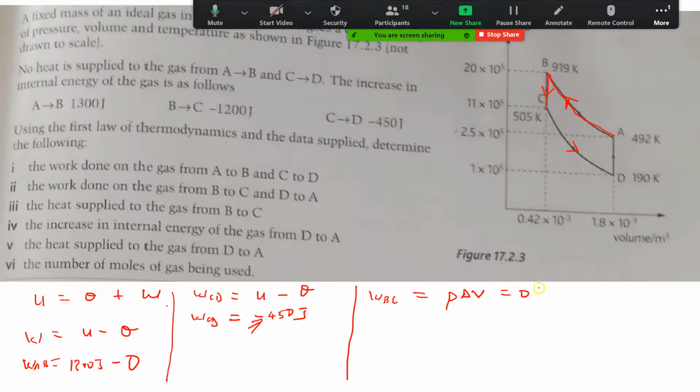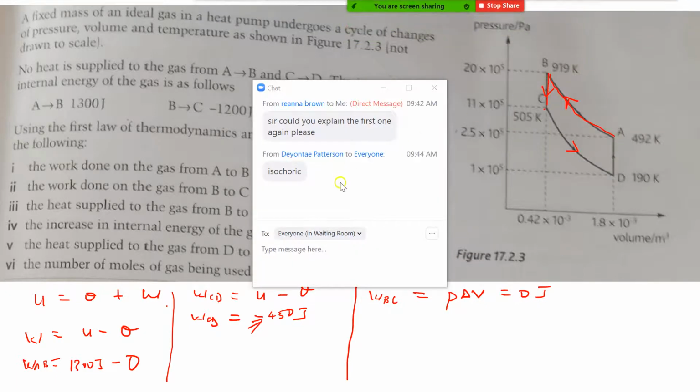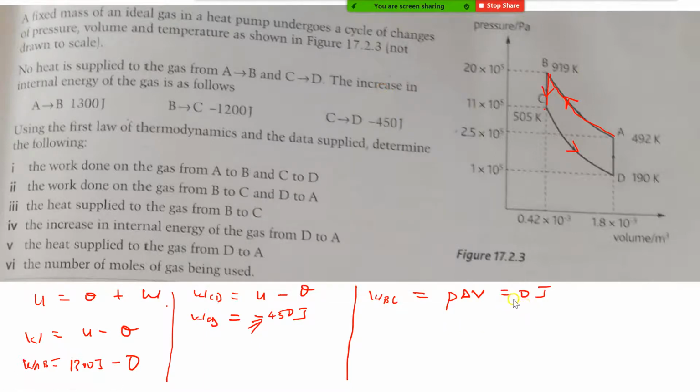So the work from B to C is going to be equal to 0. Now from D to A, we expect the same result. So the work done from D to A is still going to equal 0 joules, right?